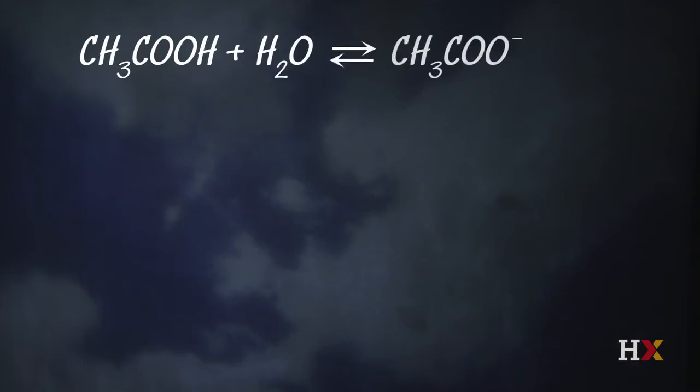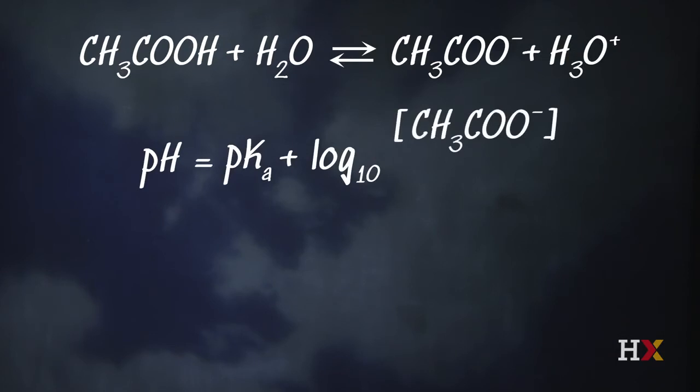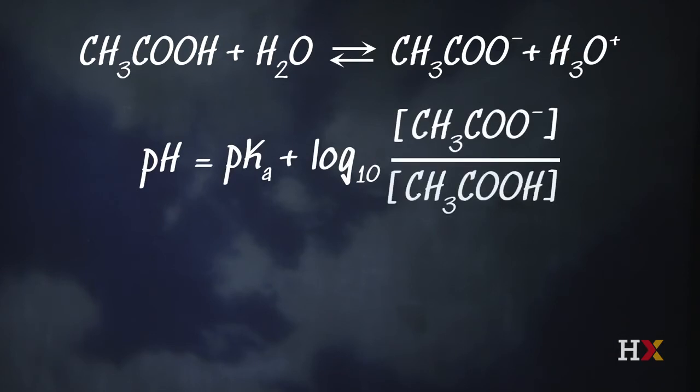We have the weak acid, and we've got the reaction with water to produce the anion, CH3COO-, plus H3O+. To calculate the pH, that's pKa plus log to the base 10 of the concentration of the conjugate base divided by the concentration of the weak acid.